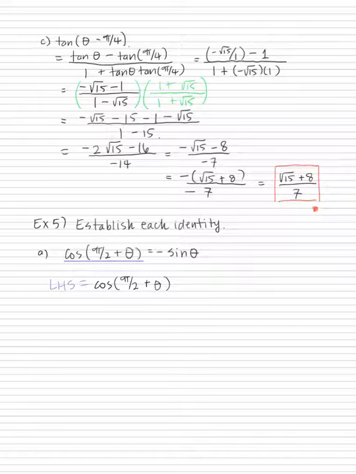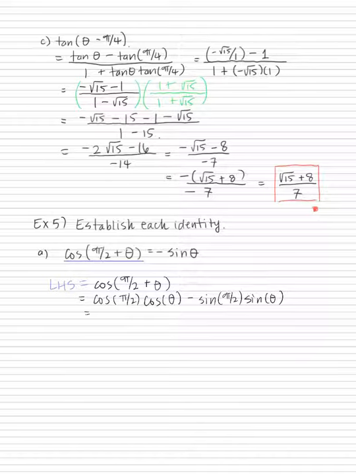Okay, so I think we should apply the cosine of alpha plus beta formula. So this is going to be cosine of pi over 2 and then cosine of theta, and this is going to be minus sine pi over 2 and sine of theta.